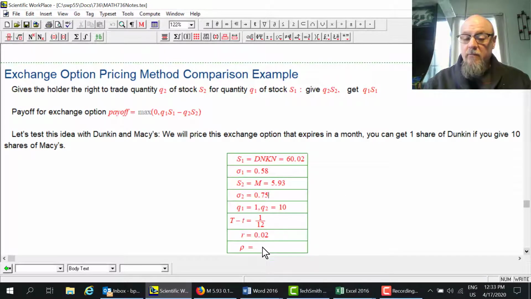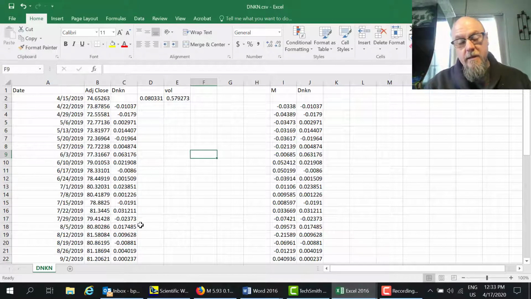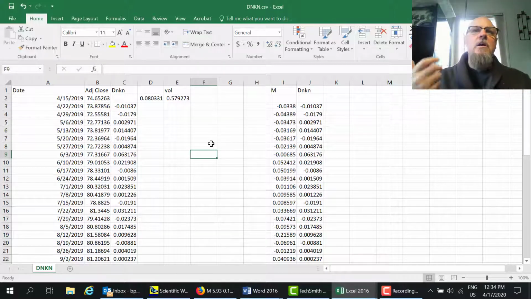I have everything except I need the correlation. Now we could manually calculate the correlation by getting the drift. We could get the drift of each stock, which would be the annualized average return, and then get the difference between each return and its average for Dunkin' and for Macy's, multiply them together.